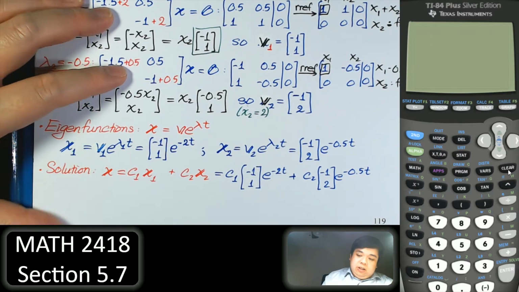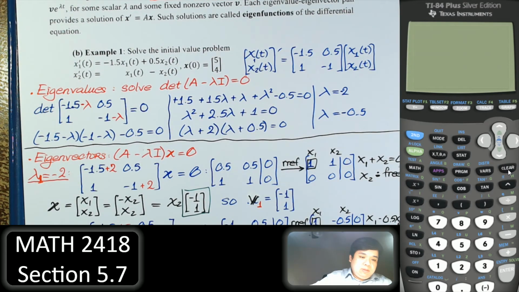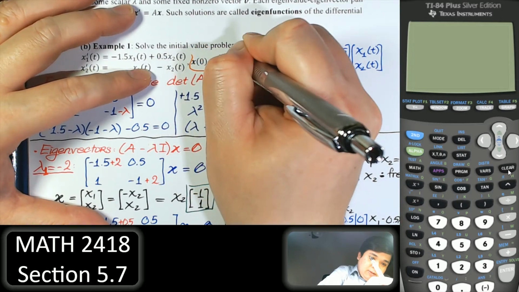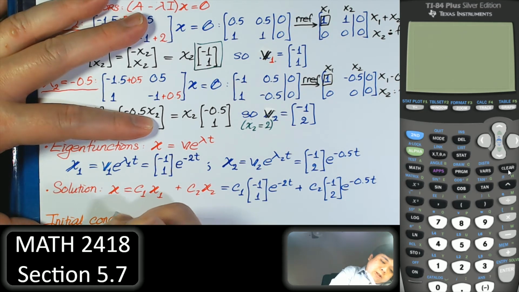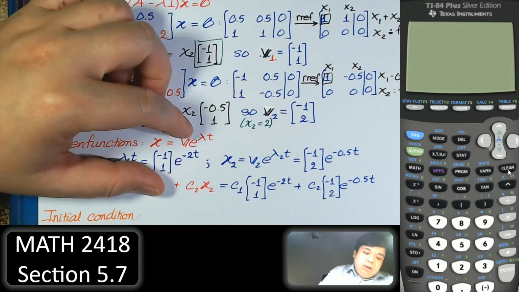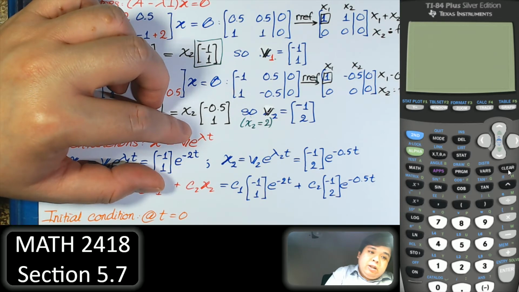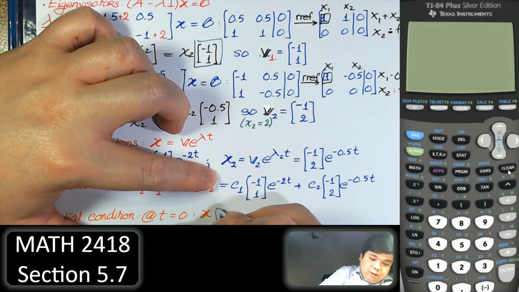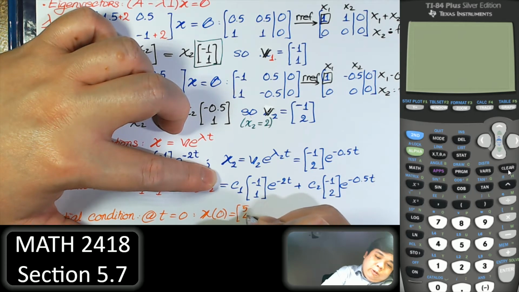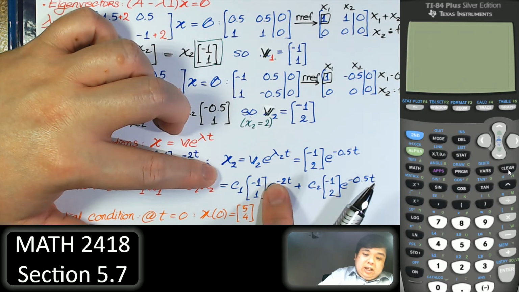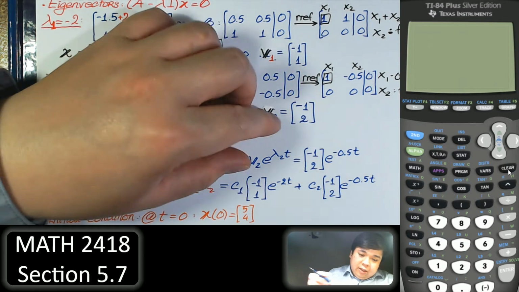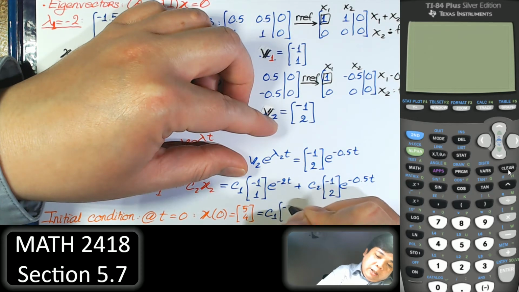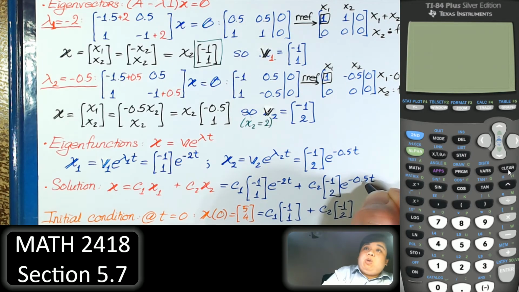When t equal to 0, e to the 0 power is 1, so we just have on the right-hand side C1 times (-1, 1) plus C2 times (-1, 2), because e to the 0 is 1.